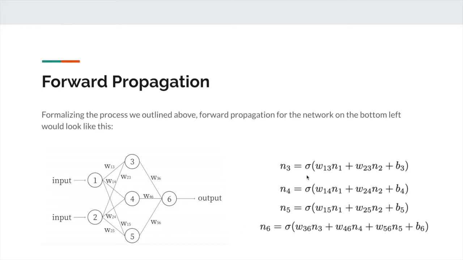So basically, what we're doing here is multiplying whatever value was in neuron 1, the first number in our input, with W13, which is connecting neuron 1 to neuron 3, right?